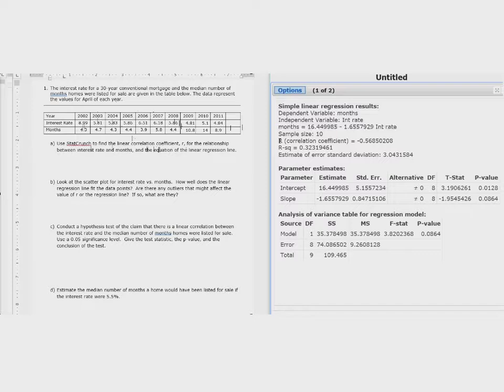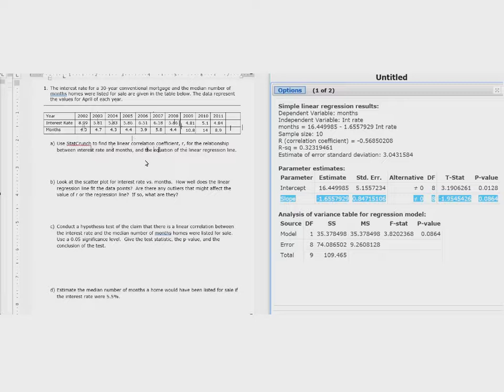It also gives me the correlation coefficient, the R-value, right here. And then down here in this row that says slope, it's going to give me the test statistic and the p-value. Just remember that you're looking for the row that says slope.